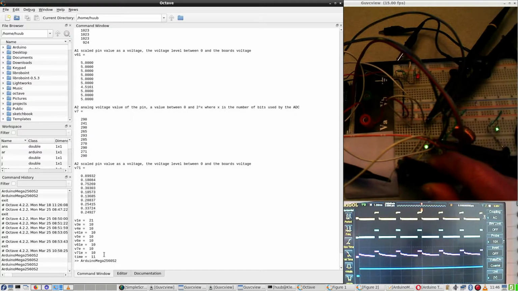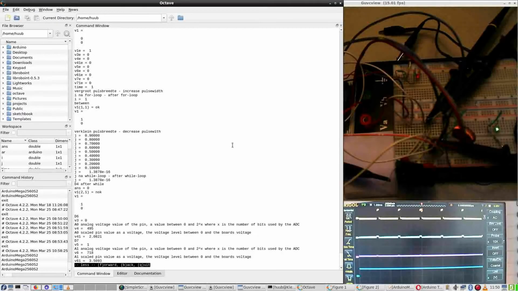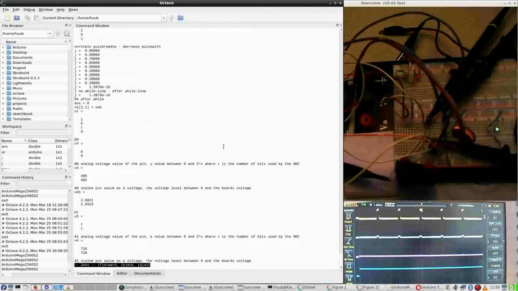That was one cycle, so the rest I'll show you afterward. And it says ended again. Long runs, but let's see for the whole thing again.